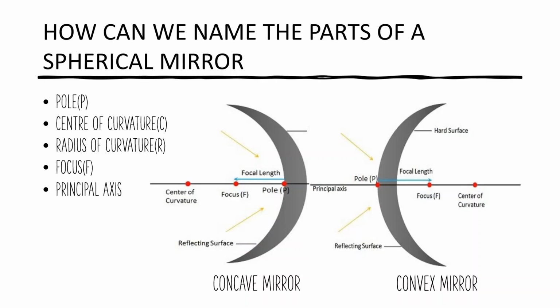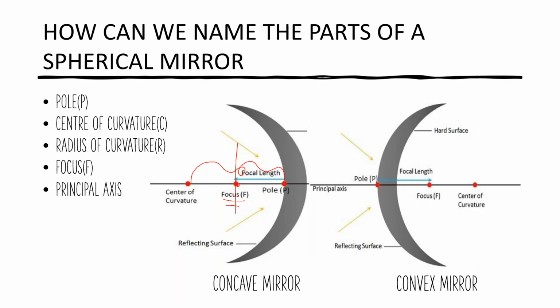If you can see, we know the distance from this point to this point. If we cut that into half, the point located at that half is called the focus. And now I want to talk about focal length.